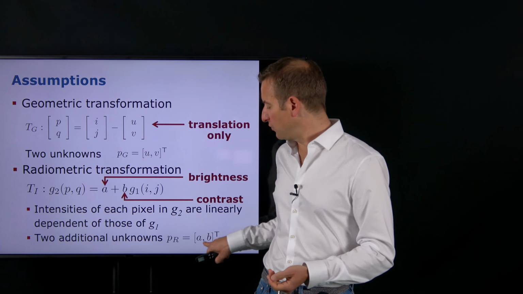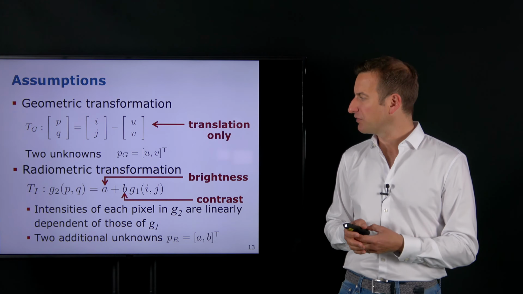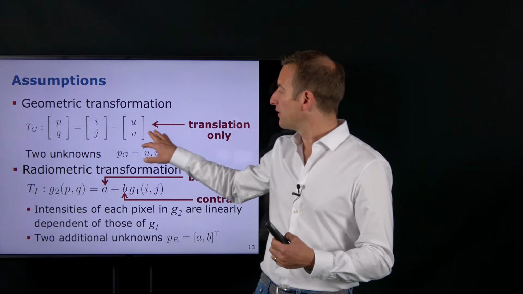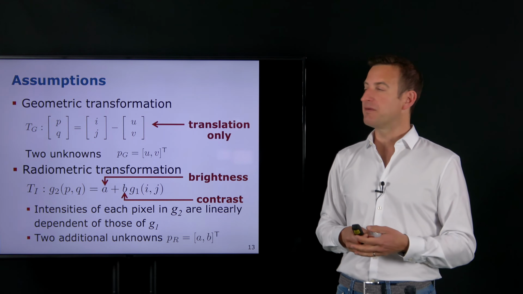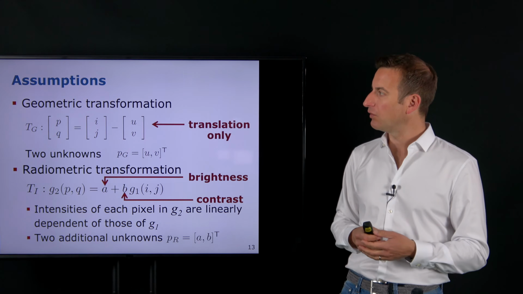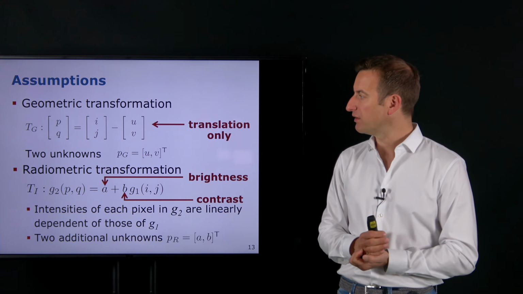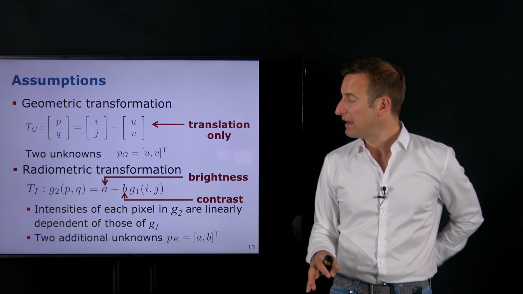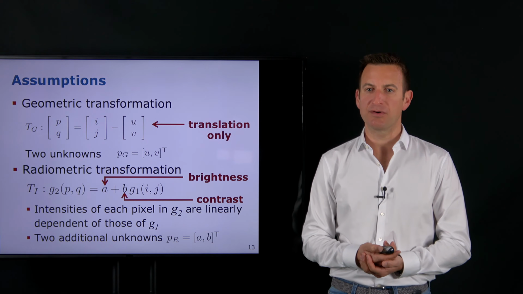So again, this gives me two further parameters, A and B. So in the end, I have 4 parameters. I want to be invariant under those parameters, and I want to return those 2 parameters over here. These are the parameters that I need to take into account in order to find a solution. And those parameters A and B I may not be explicitly interested in, but I want to be invariant under those 2 parameters.